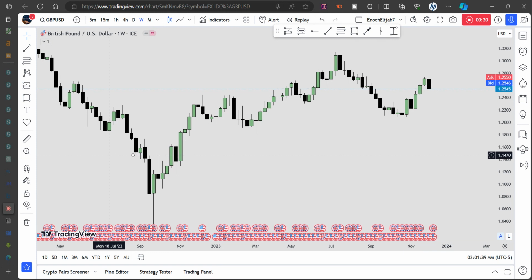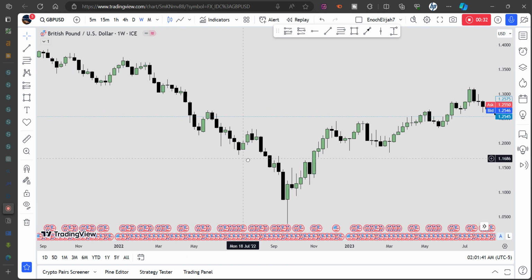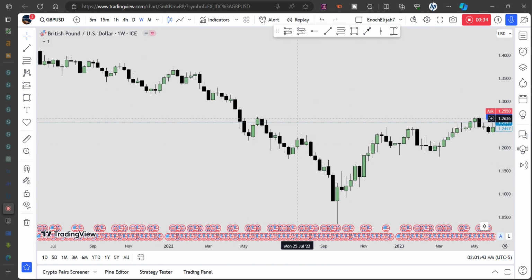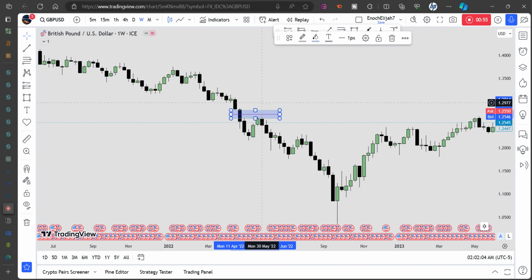Like I showed you in the previous video, price moves to rebalance an imbalance or to take out old lows or old highs. Here is an example of an imbalance that was balanced by price. You have one, two, three candles, and there is a gap in between them. You can see it right there.